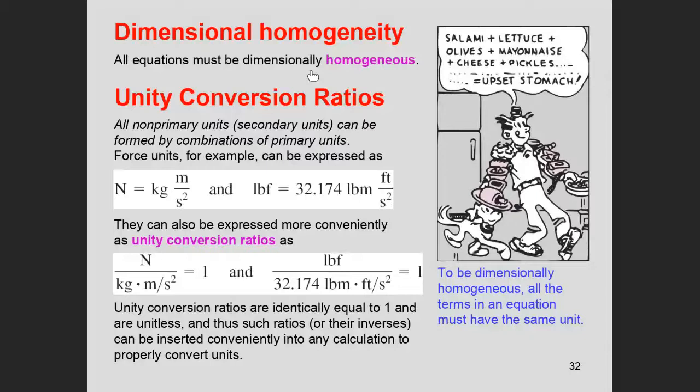In other words, you cannot add pressure plus mass plus energy and say it is equal to zero. That is not possible. Mass plus mass plus mass equals mass. Energy plus energy plus energy equals energy. Potential energy plus kinetic energy plus internal energy equals energy.